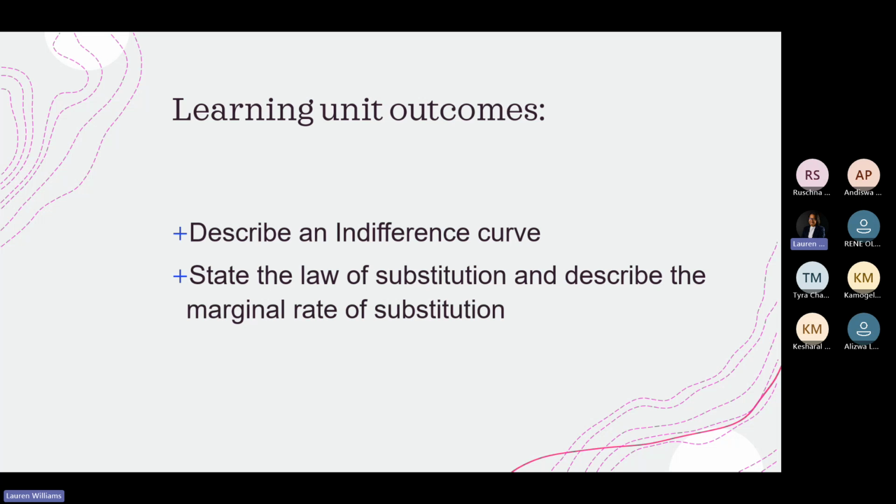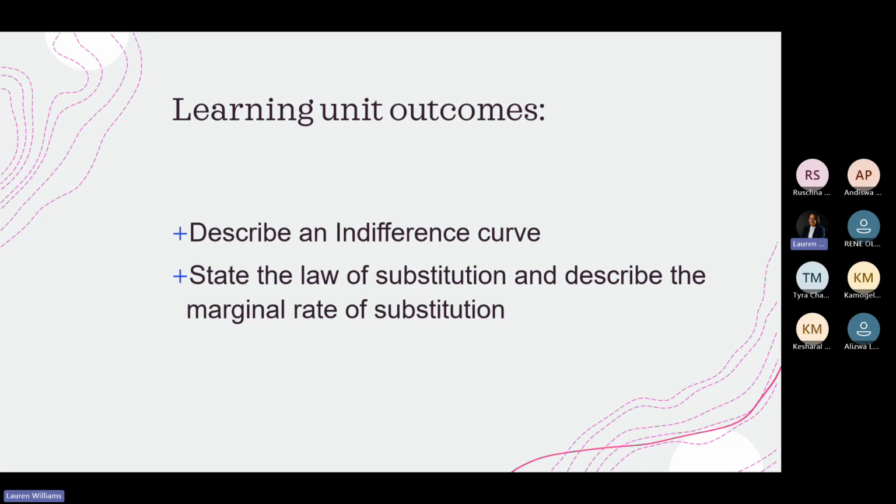Otherwise, as consumers, we'd have no reason to do that. So we have these indifference curves, which basically means we want to maximize our level of satisfaction that we gain from the consumption of these goods.